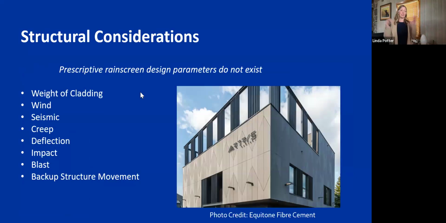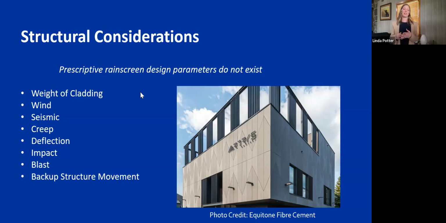Structural things, there are no prescriptive parameters for you to look to for guidance. So that's why it's always going to be an engineered scenario, whether that's happening within your team of designers, or whether you're putting that out as delegated design for the contractors or the installers to figure out all of those components.